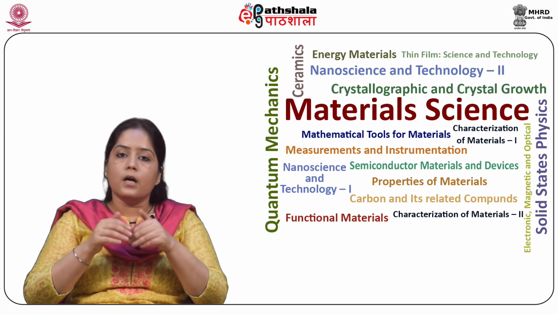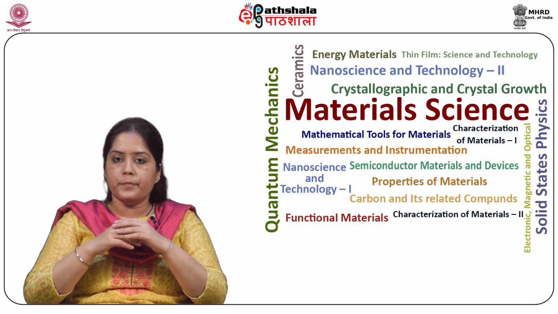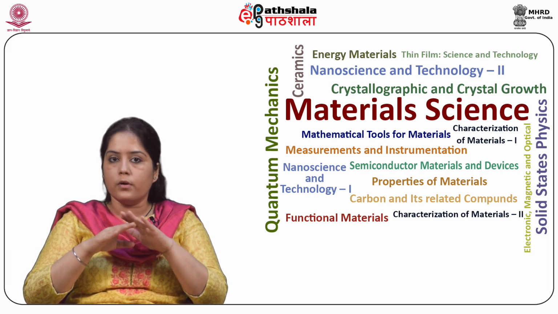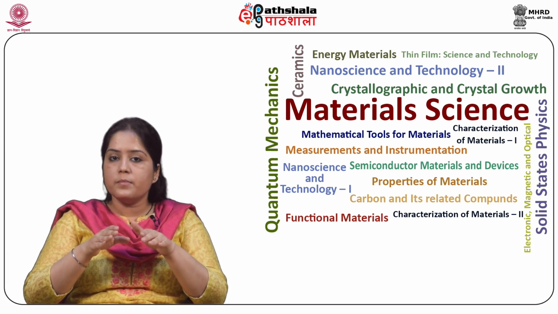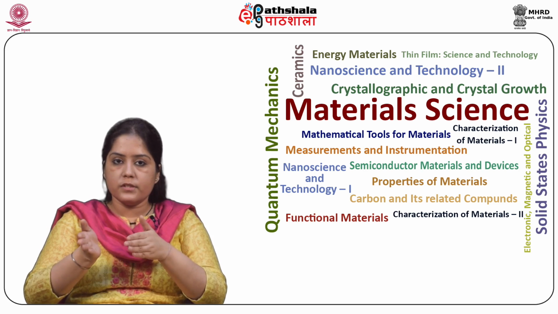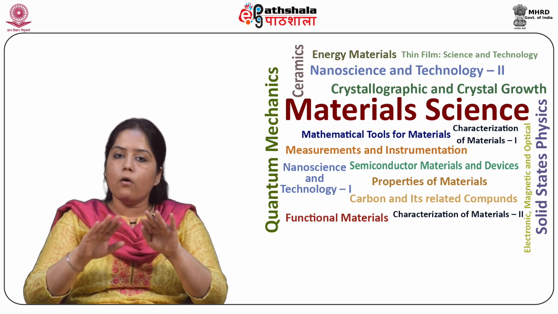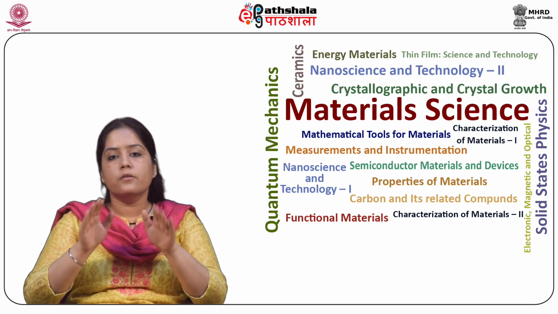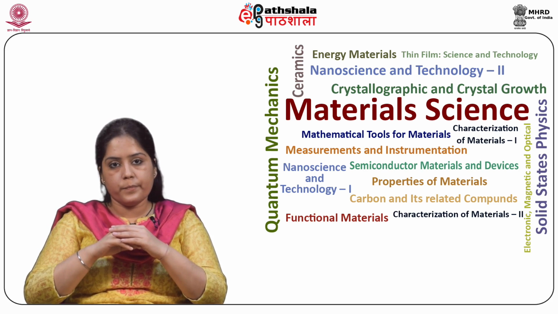Due to the high cost of platinum, a dimensionally stable anode, or DSA, has been used as the positive electrode in all-vanadium and zinc-cerium flow batteries.